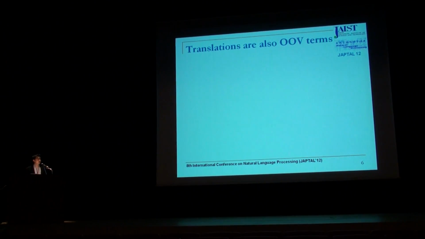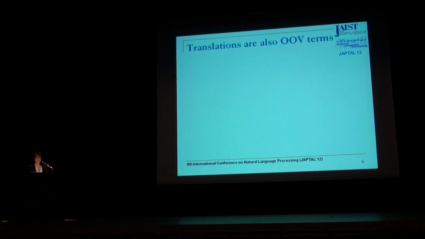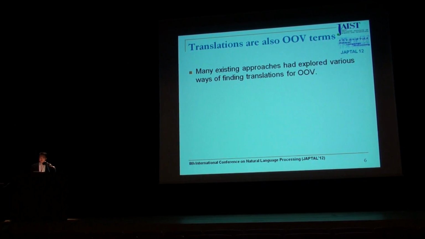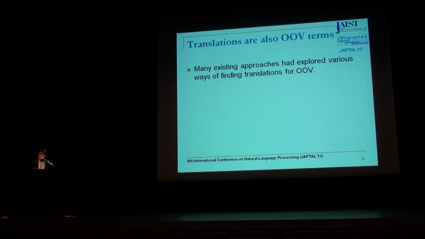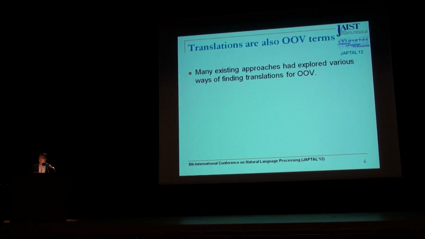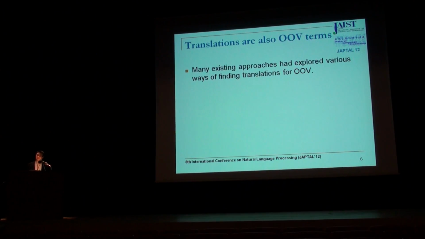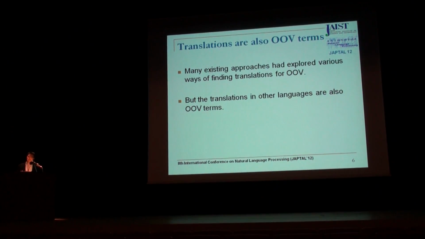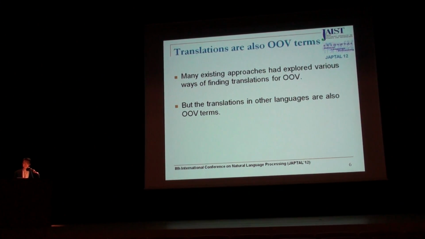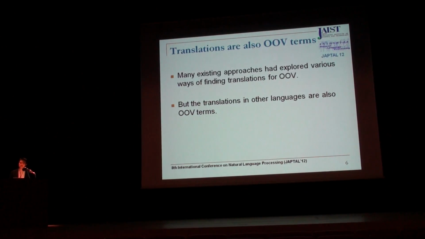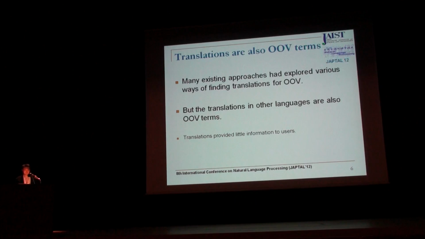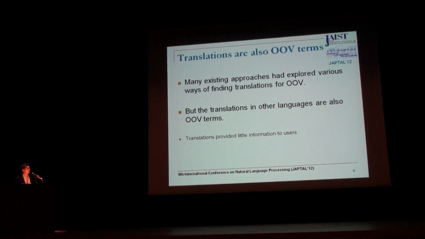Another problem with OOV terms is that translations are OOV terms as well. For example, many existing approaches have found many ways of finding translations for OOV terms. However, the translation of the OOV term is just another OOV term in the target language. So translation provides very little information to users.